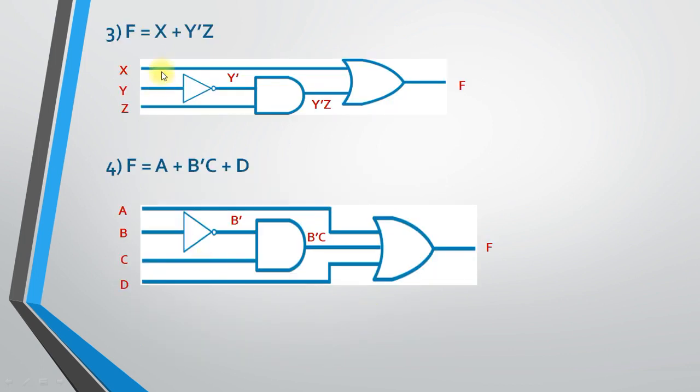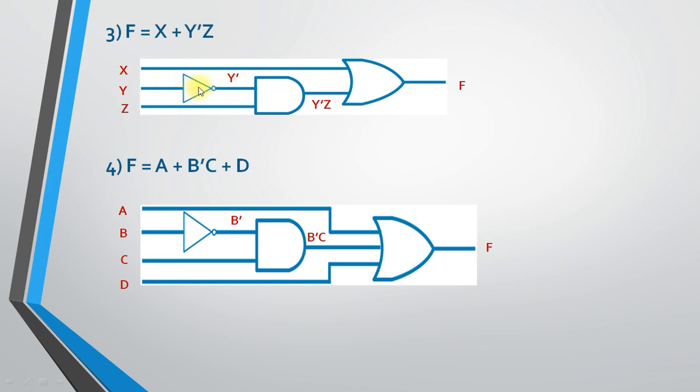The next Boolean expression is based on the dash. Dash represents the NOT gate. So first of all, y dash z I need to find out. For that, y dash z means AND gate. So first of all I will draw the AND gate on the book or on the screen. Don't draw this particular circuit directly. First of all draw the AND gate, then draw the lines of the two input variables. The first input variable has a dash, so for that I need to use a NOT gate.